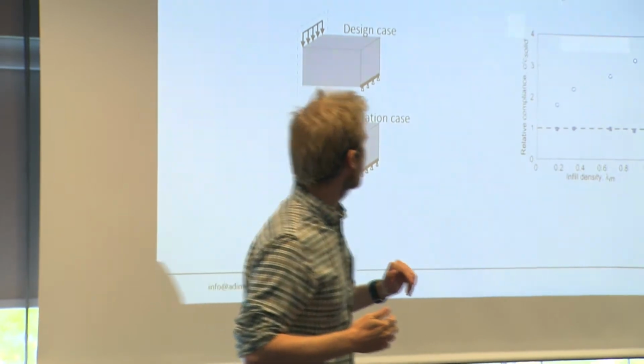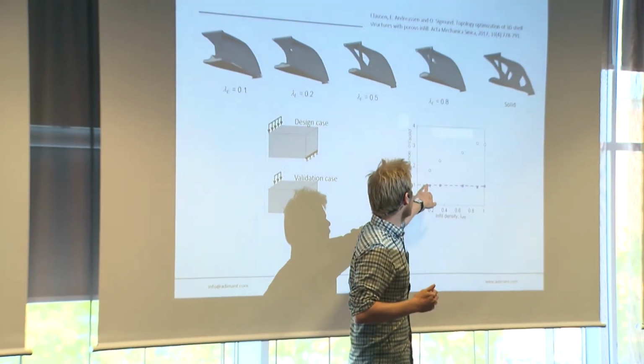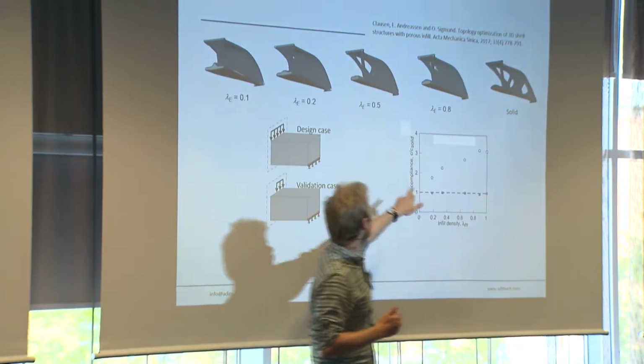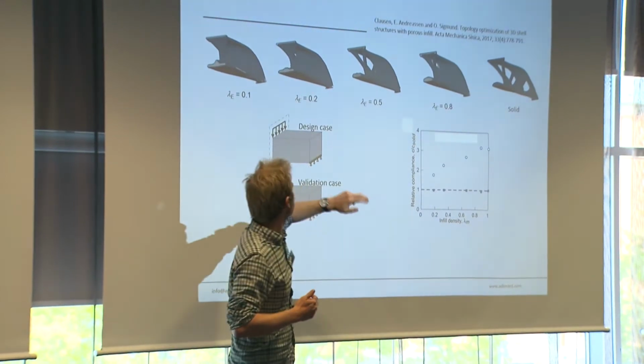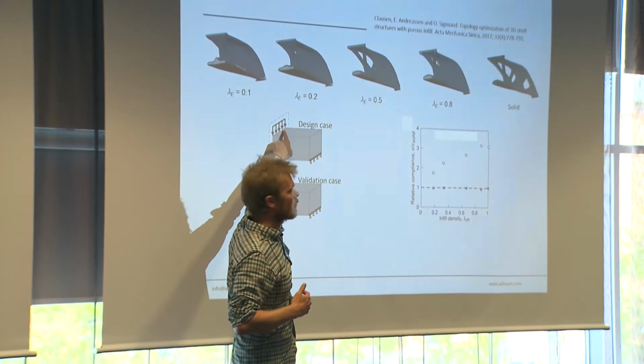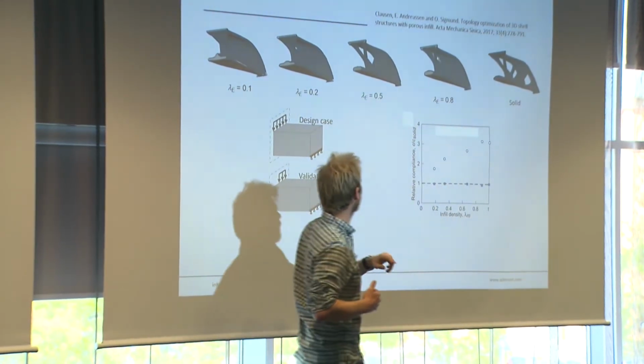If we first look at, so it's good to be around here. If we make these 5 designs, and then we test it where we apply a force exactly as it was optimized to be, all of these designs perform more or less the same.